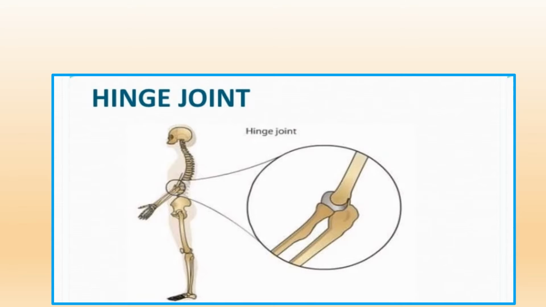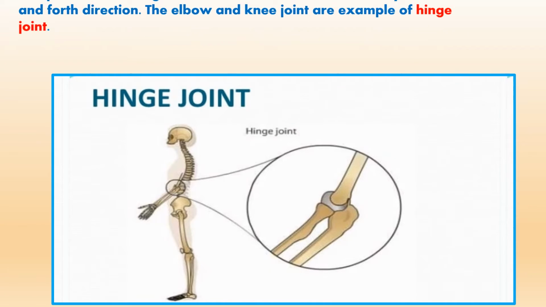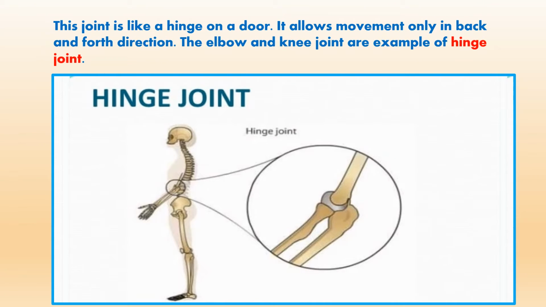Next we have the hinge joint. A hinge joint is like a door. It allows movement only in the back and forth direction. The elbow and knee joints are examples of hinge joints. Here this is the elbow and this is the knee, and they allow movement only in one direction, that is back and forth.